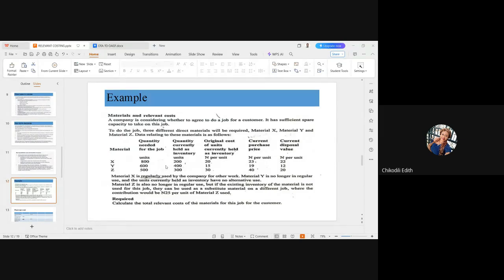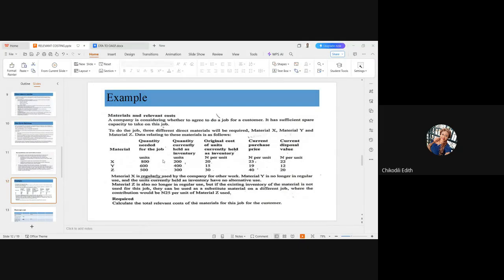Material X 800, material Y 600, material Z 500; 200, 400, 300; 20, 15, 30; then we have 23, 19, 40; 22, 12, 20.